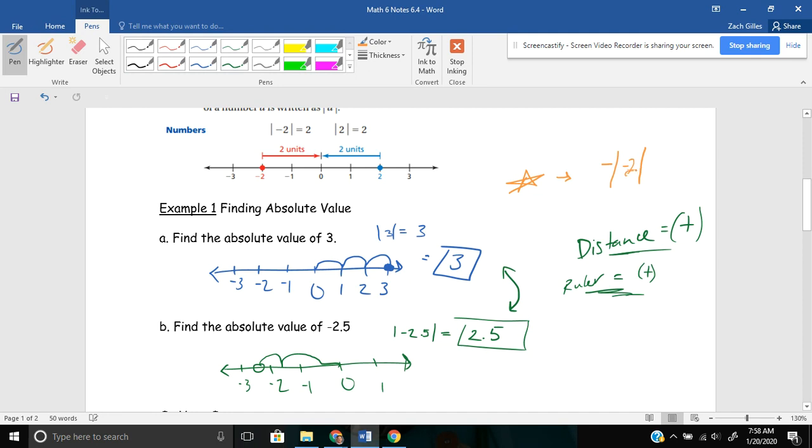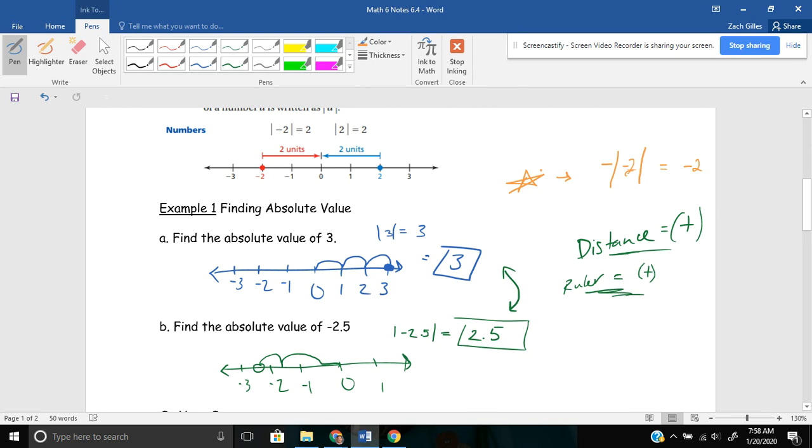Find the absolute value of -2. Well, that would be 2, but then they're saying since this is outside of the absolute value sign, apply that to the number that you found, the absolute value of -2. So since the absolute value of -2 is +2, then we apply the negative to that. So it would actually be -2.